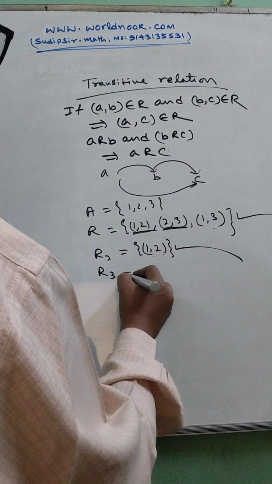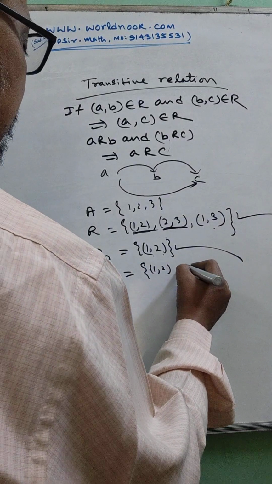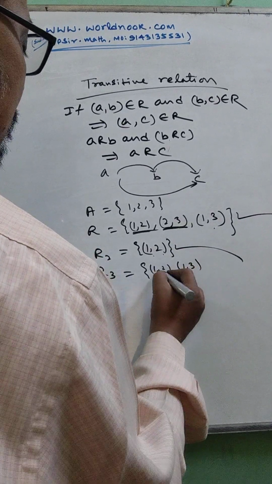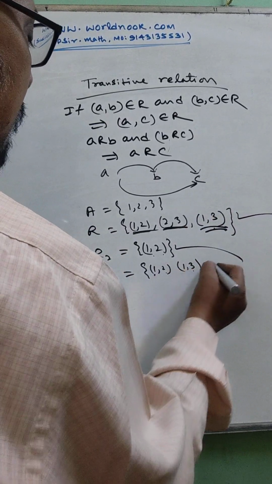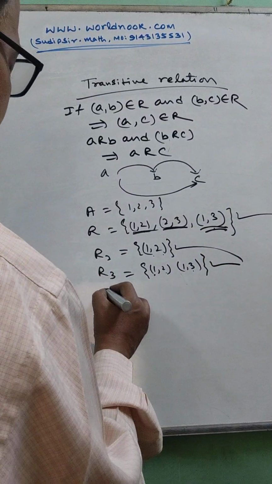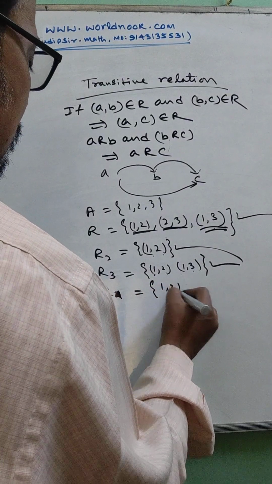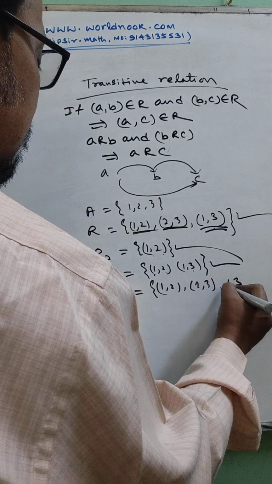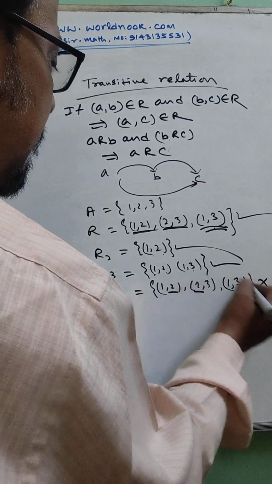Or we can say it is (1, 2) and another thing (1, 3) is there. But remember, if (1, 2), (2, 3), then only this (1, 2) and (1, 3) is also transitive. But say R4: (1, 2), (2, 3), now without (1, 3), this is not transitive.